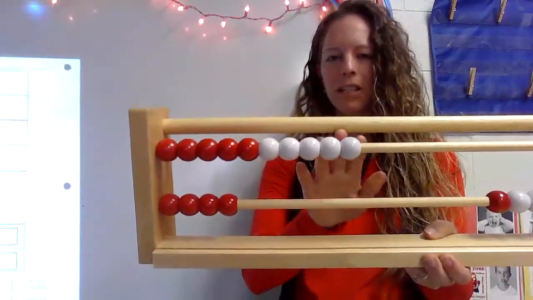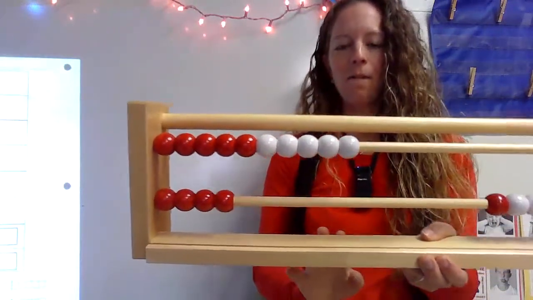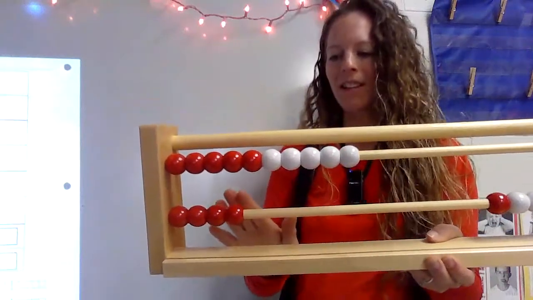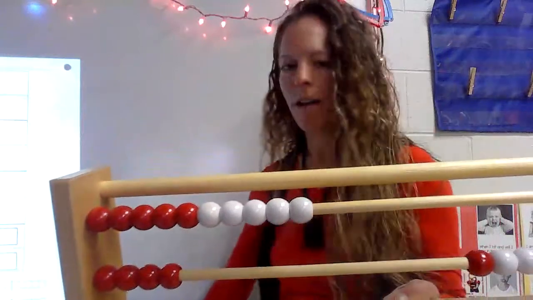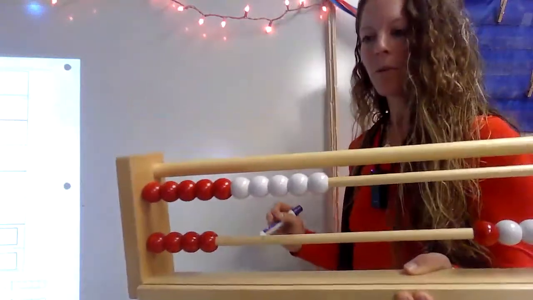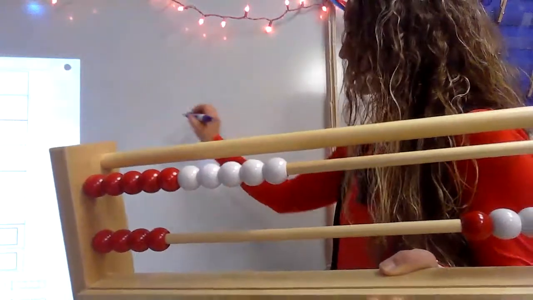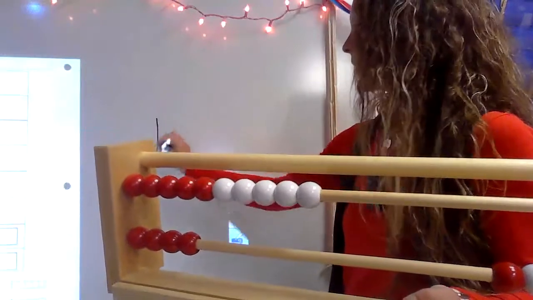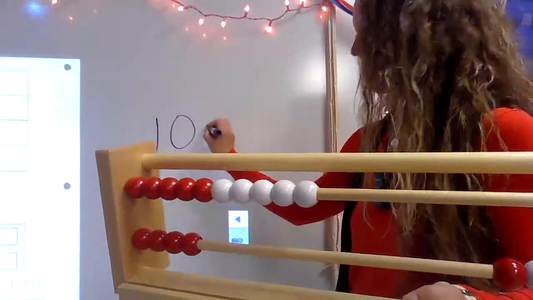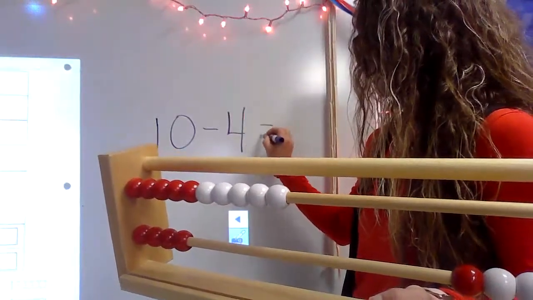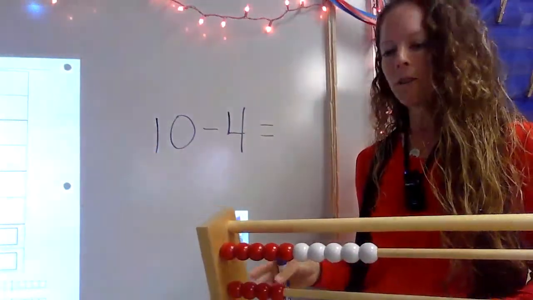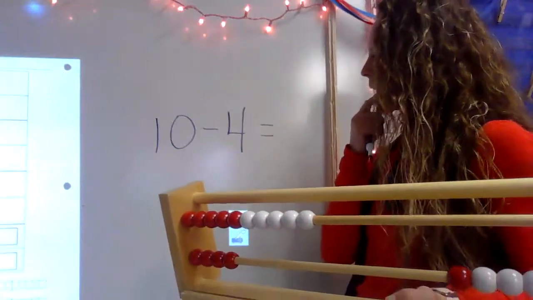What is the difference between 10 and 4? How many more points will the Vikings need to catch up to the Packers now? If I were to write that on the board, it would be 10 minus 4 equals. I want to find the difference between those numbers.